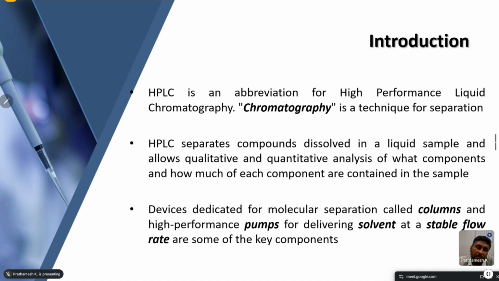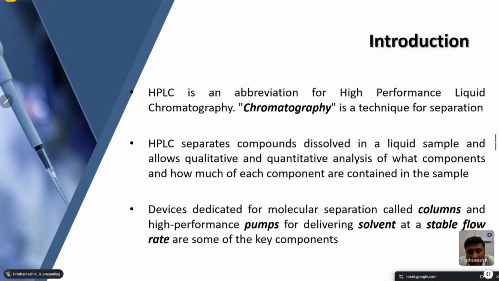If I trace back the history of chromatography, it was a Russian scientist named Sweat, who came up with this idea of chromatography in the year 1901, around 1901 or 1902. What he did was he took a glass tube or a glass cylinder and added chalk in it, basically calcium carbonate, and he took plant extracts, basically leaves of different color, so that is chlorophyll.